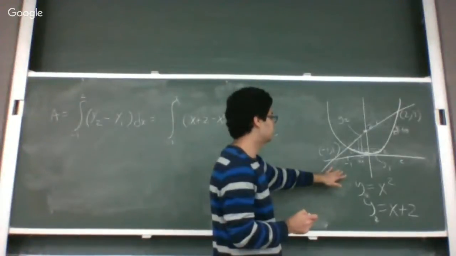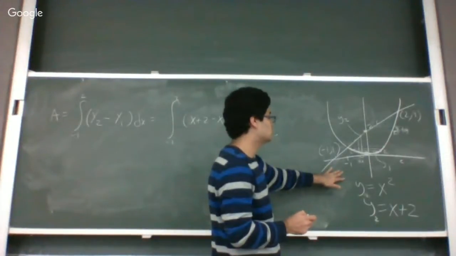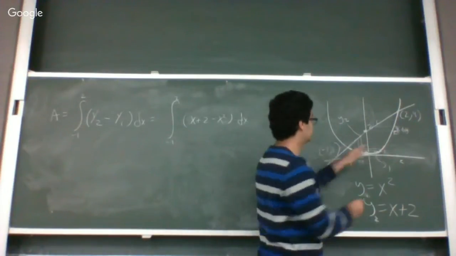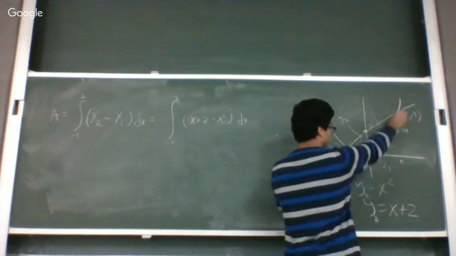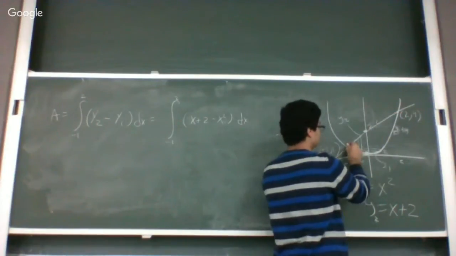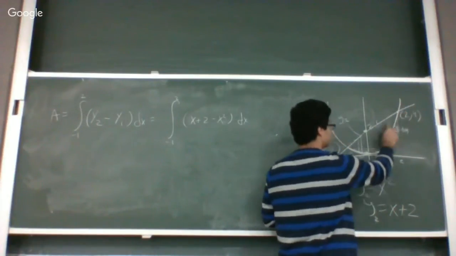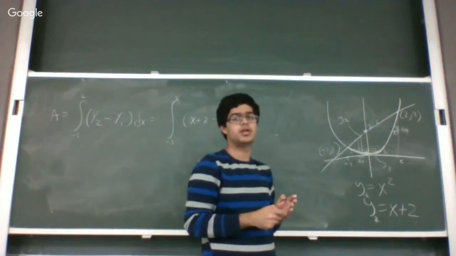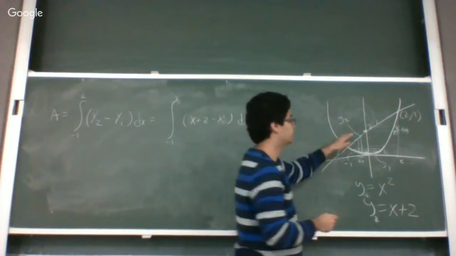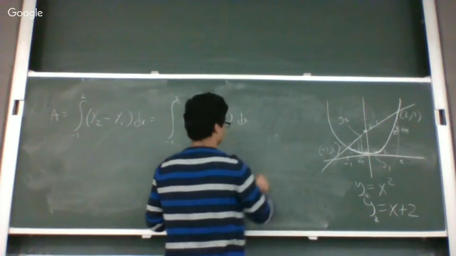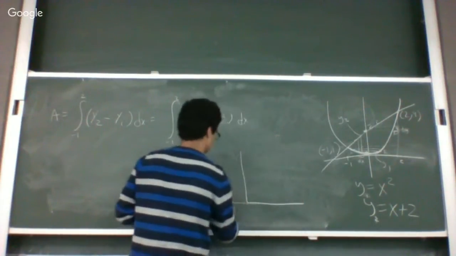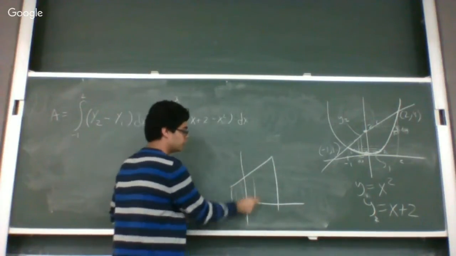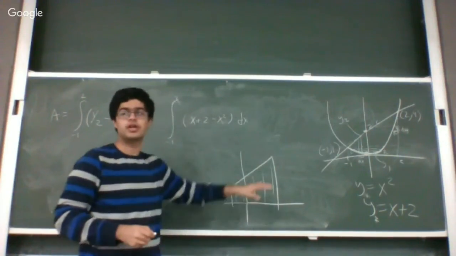When you have an integral, we're taking the integral of x plus 2 from -1 to 2, and that includes everything, including the sections that we don't want, right? So x plus 2 includes everything under it.